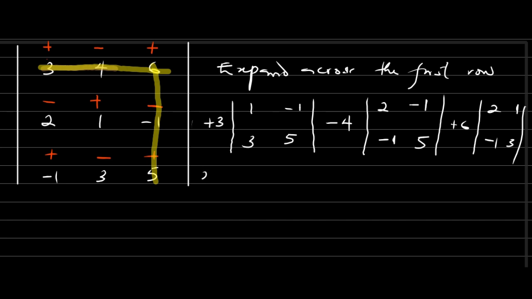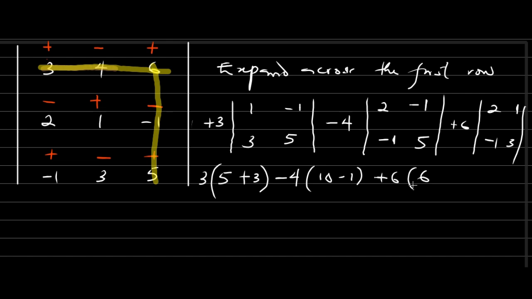Okay, so let's evaluate this. We can now find the determinant of this matrix. 5 times 1 is 5. Minus 3 times minus 1 is minus 3. So minus times minus is plus. Minus 4 into 5 times 2 is 10. Minus times minus is plus, so that is 10 minus 1 plus 6. 2 times 3, that's 6. All right.